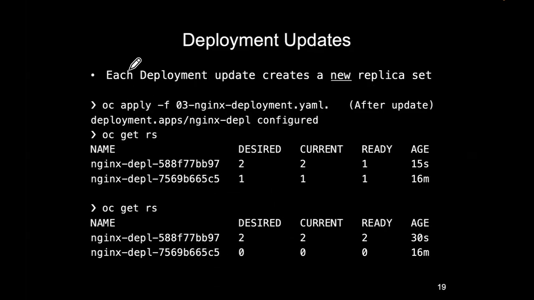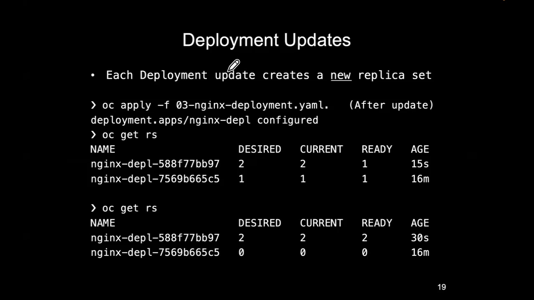we're told here that each deployment update, so if I make a change to the manifest file and I want to apply those changes, then what actually happens behind the scenes is that Kubernetes will create a completely new replica set for this updated deployment. It will hold on to the previous replica set, but it creates a new one and it honors the new updates.